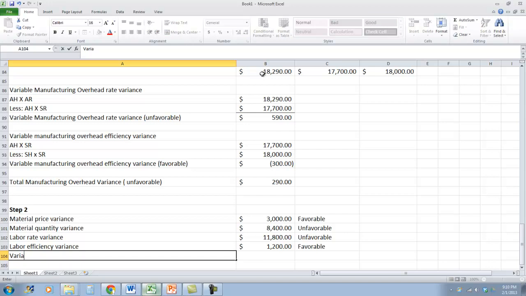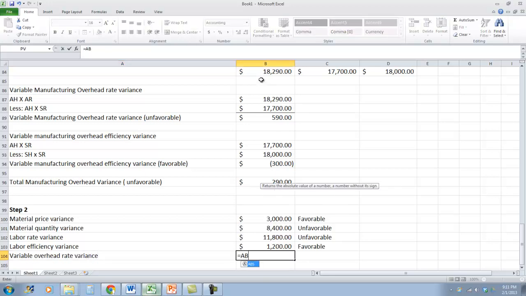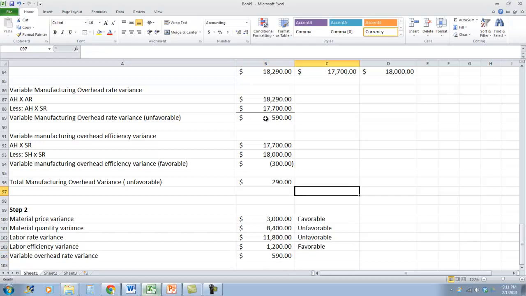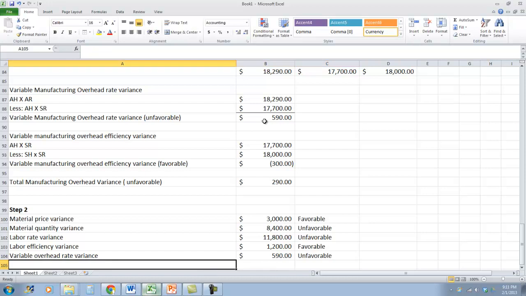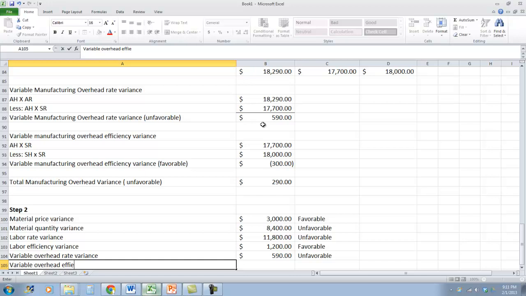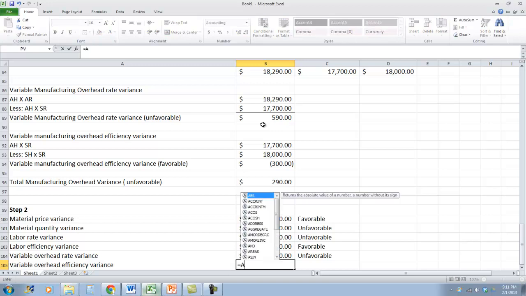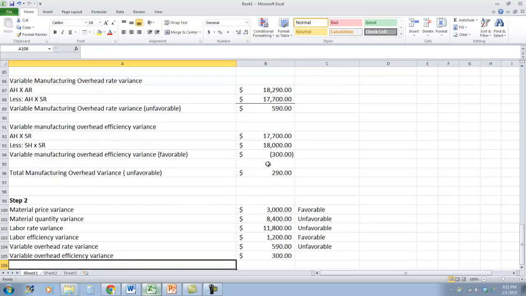Variable overhead rate variance. This is unfavorable. And then we have variable overhead efficiency variance, and that was favorable.